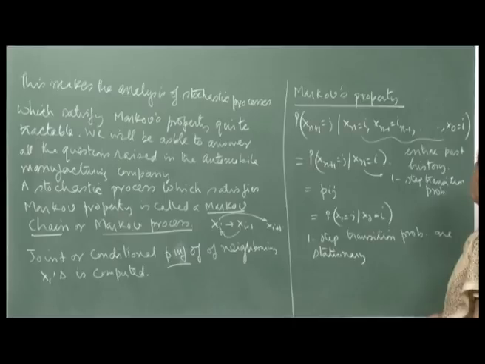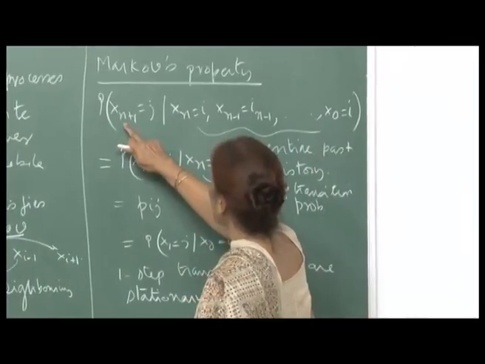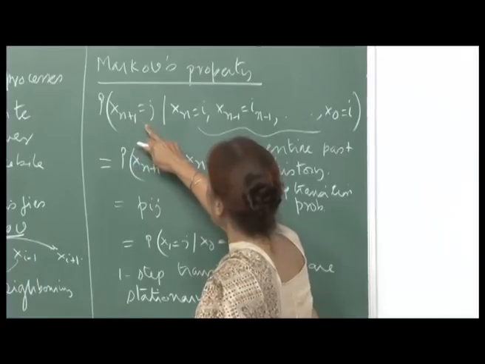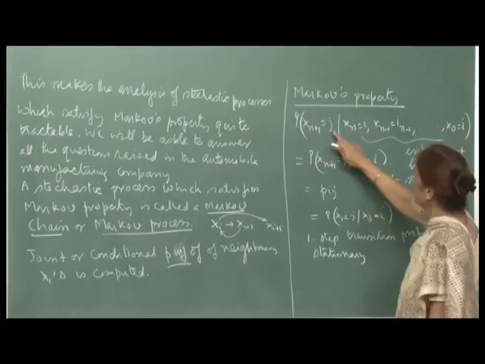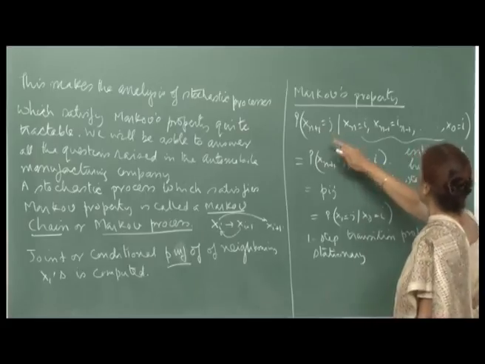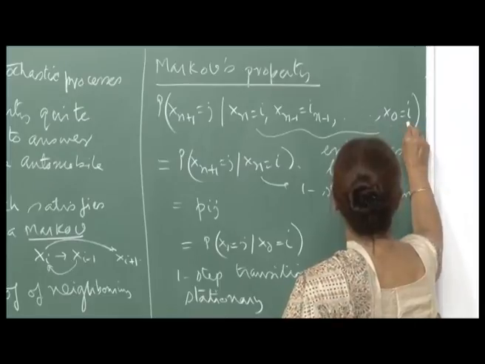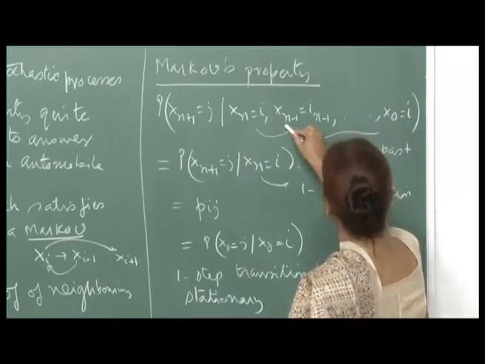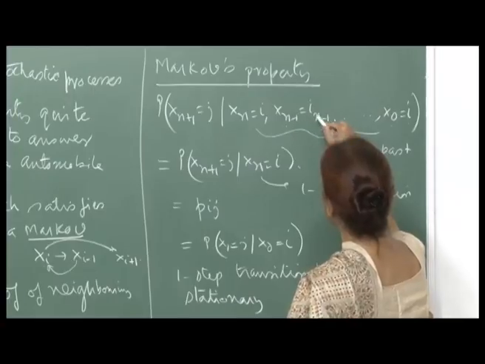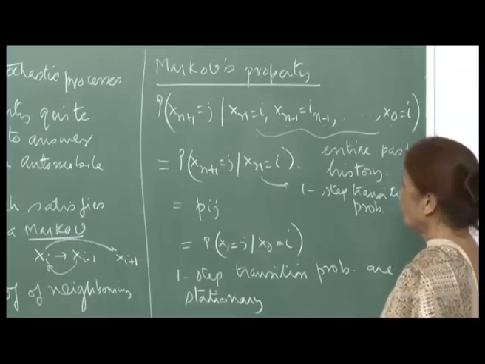Now if you want to formally state Markov's property, what you are essentially saying is the probability that X(n+1) is equal to j. That means at time n+1 your system is occupying state j, and if you look at the past history, starting from X0 is i0, then X1 is some i1, and so on, X(n-1) is i(n-1), and Xn is i. So this is the entire past history.